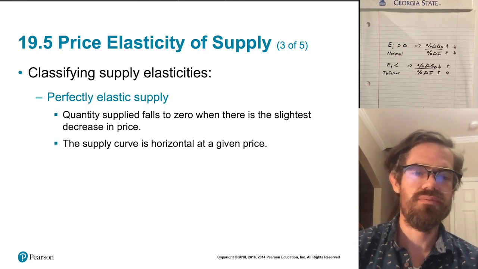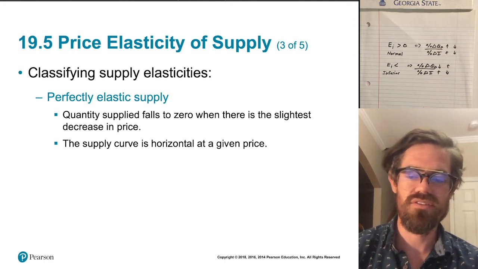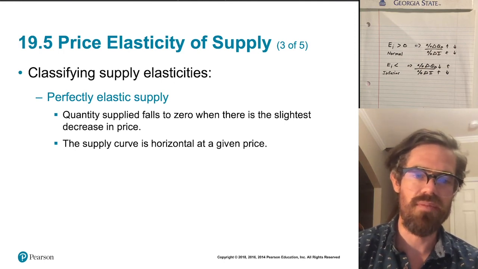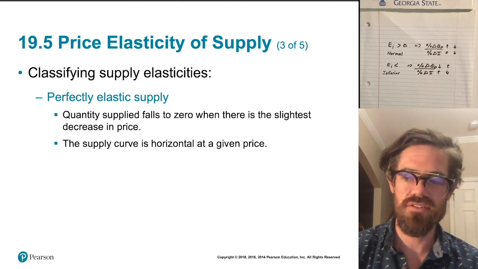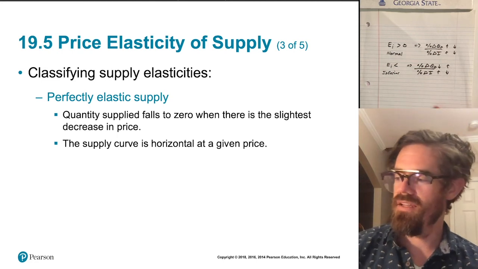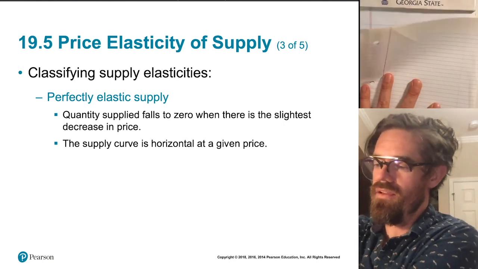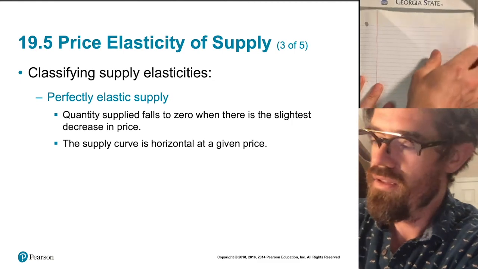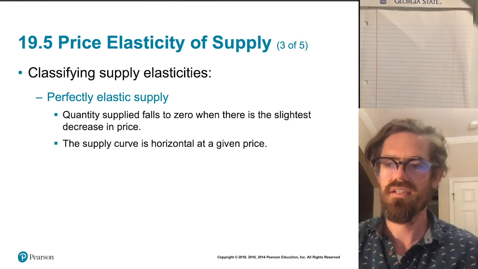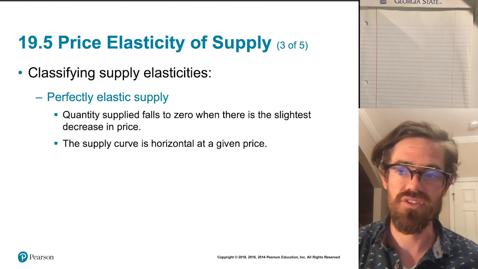And so pretty much just like the other ones we've seen, the only thing we're doing now is quantity supplied rather than quantity demanded. So the equation is almost identical. It's just QS instead of QD. And as it turns out, this one is always positive because of the law of supply, right?